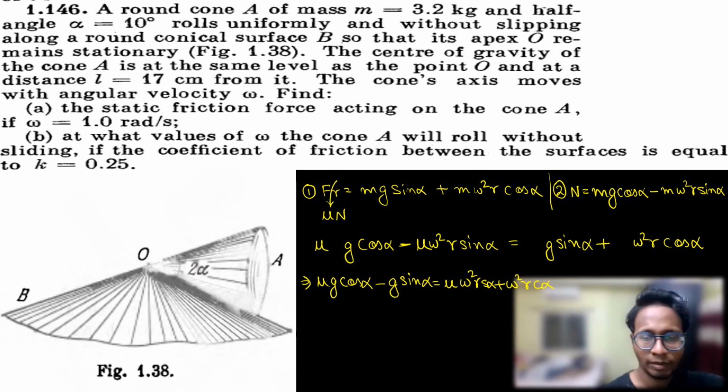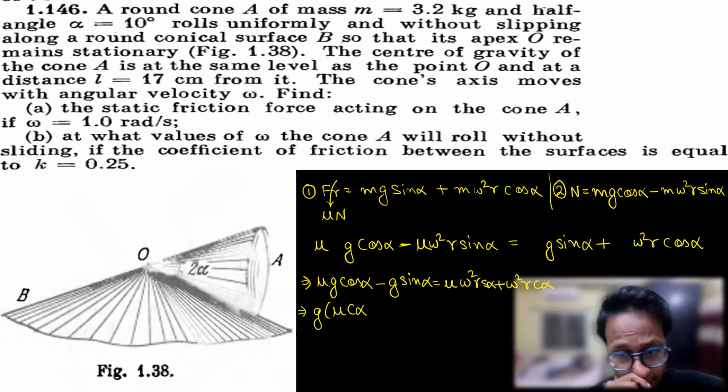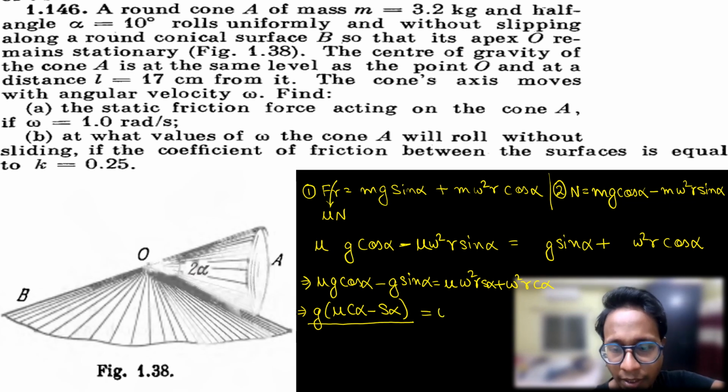Now I can take g common: g into mu cos alpha minus sin alpha, divided by, if I take omega square common, omega square into r mu sin alpha plus cos alpha. Now can I divide this?